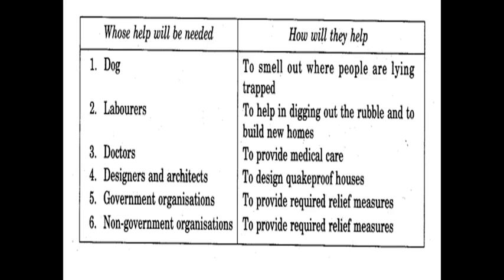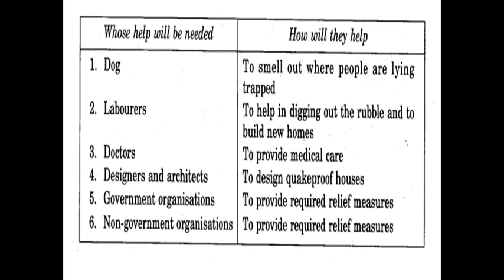Not only these people, but also dogs, laborers, doctors, designers and architects, government organizations, non-government organizations, and even the media play an important role during and after a disaster. The media provides information about the disaster to the relatives and friends of those hit, in other parts of the country.